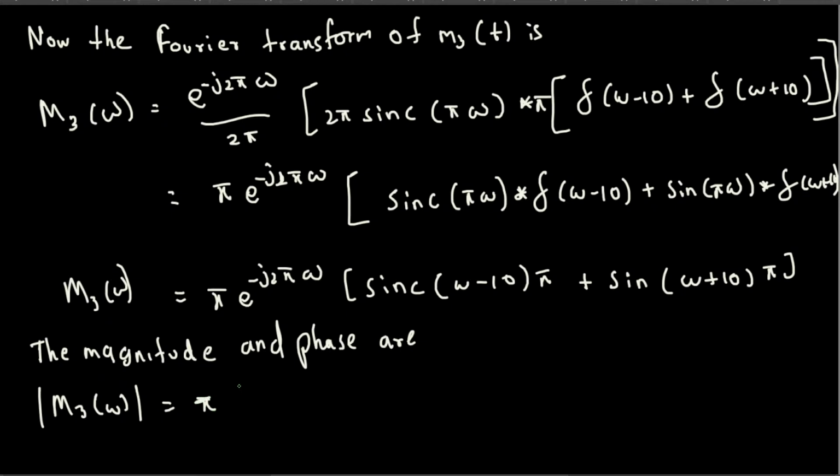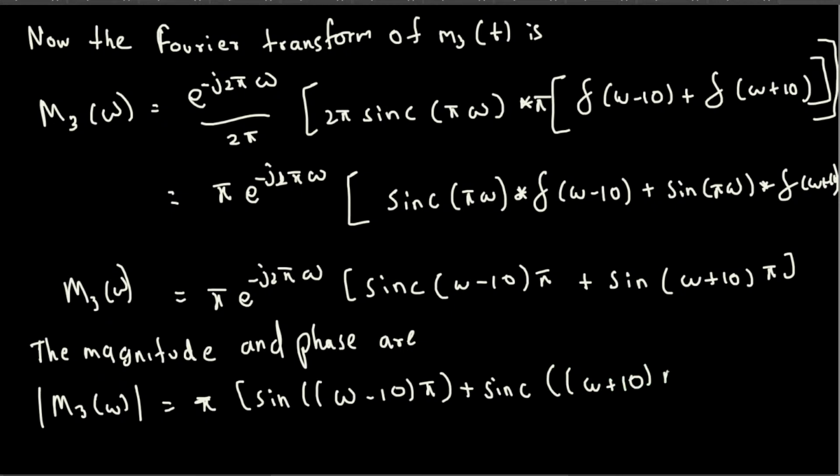This is going to be 5 times sinc(ω − 10π) plus sinc(ω + 10π). That is for the magnitude spectrum, and we need the phase spectrum, that is the angle of M3(ω), and here we had a shift of −2π, so this is going to be −2πω.